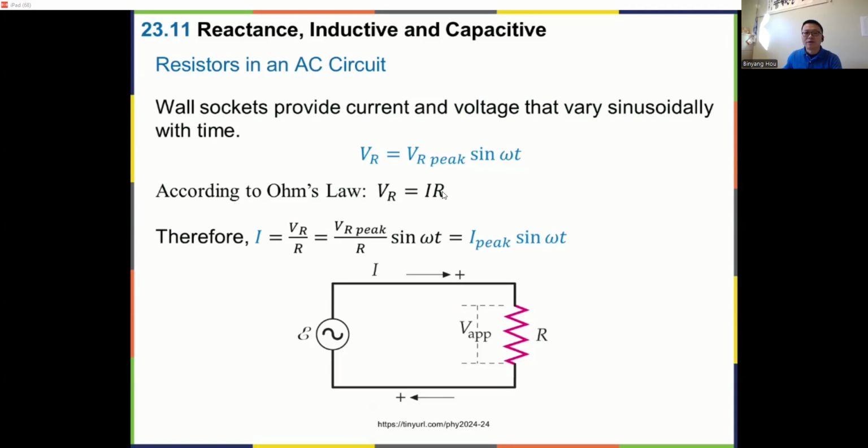According to Ohm's law, for a resistor, voltage is equal to the current times the resistance. So the current is the voltage divided by the resistance.